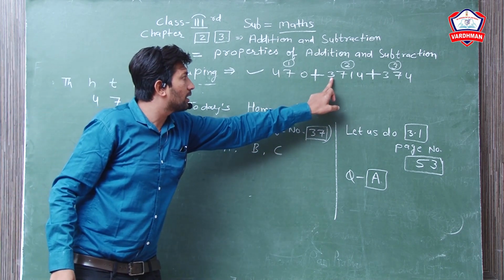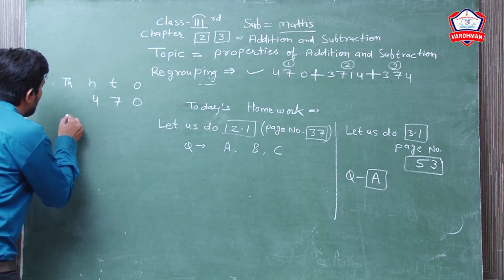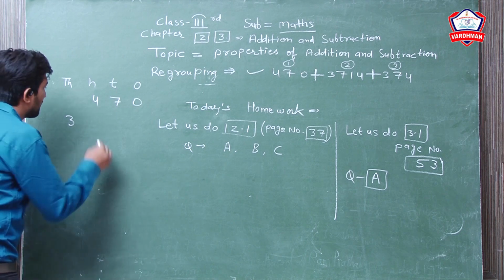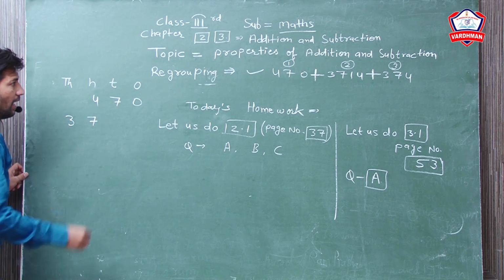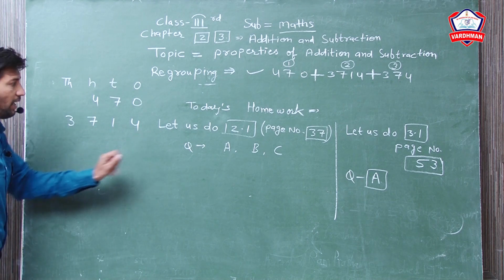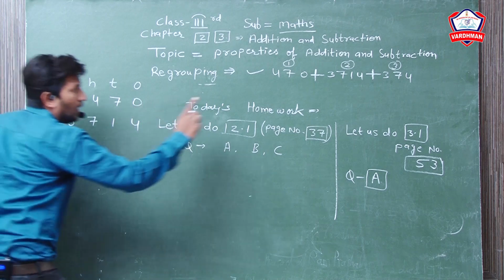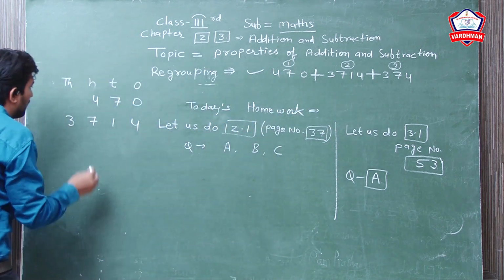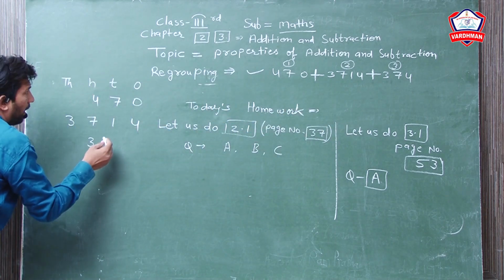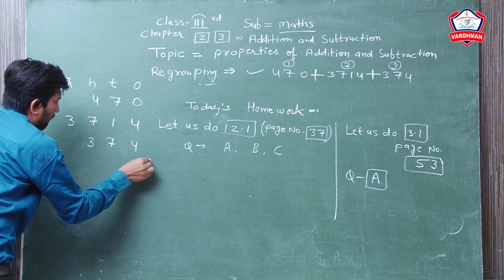Now 3714: 3 in thousands, 7 in hundreds, and 14 is tens and ones. Third, 374: 3 in hundreds, 7 in tens and 4 in ones.